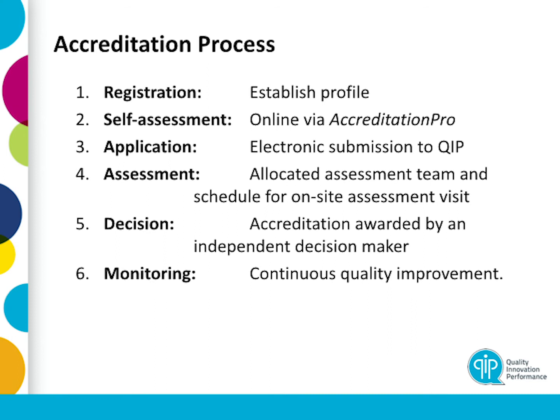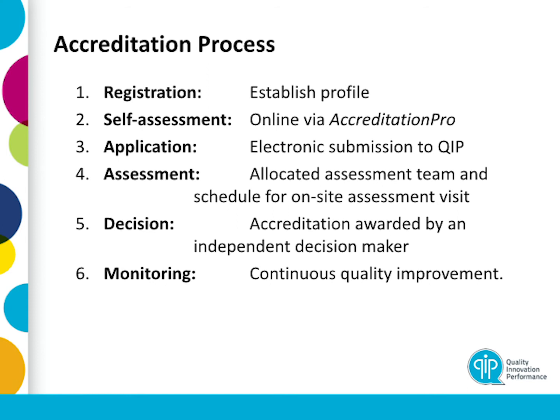So just a few more points on the actual process. The registration process is where we establish the profile of your organisation and we figure out what you actually want to get accredited. Some organisations do whole of organisation, some do part of organisation, and this is where we have the chat with you to say, what do you actually want accredited?